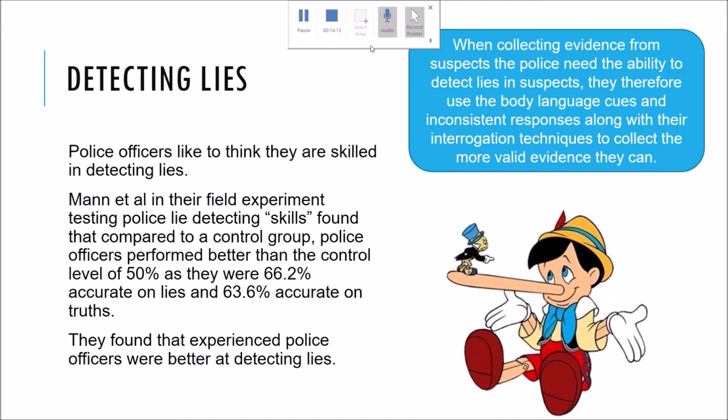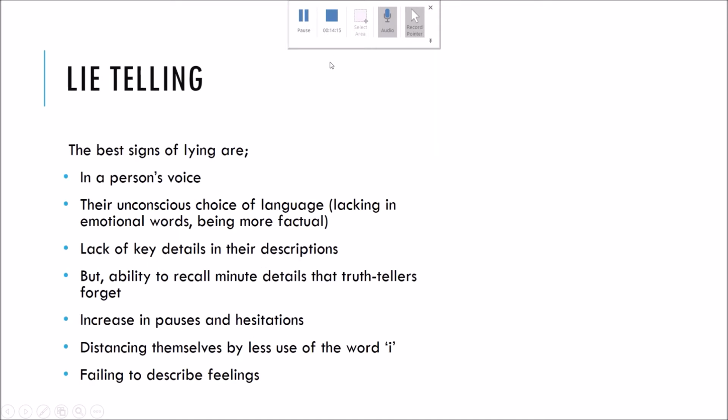Here are some examples of telltale signs of lying. Some things come down to tone of voice and unconscious choice of language. So if you are being quite factual in the way that you present information, so fairly emotionless, then that could be an indicator of lies.